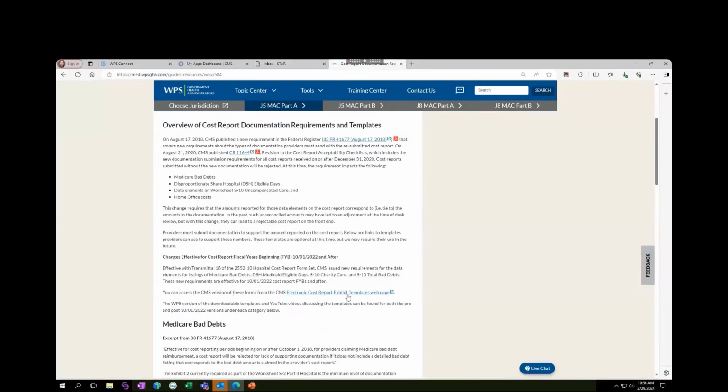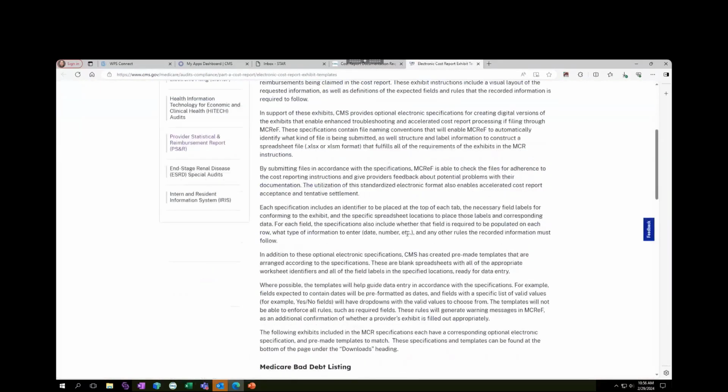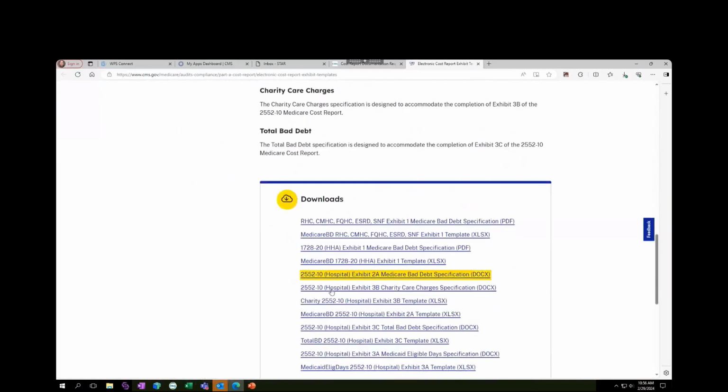Close to the top, it says you can access the CMS version of these forms from this link, and it takes you directly to CMS's website where they have all the different templates and the instructions for them. So they're also there. You don't necessarily need to go to the cost report to find the instructions for the templates, but you would still need to go to the cost report to find just the S-10 instructions in general. So we have that.